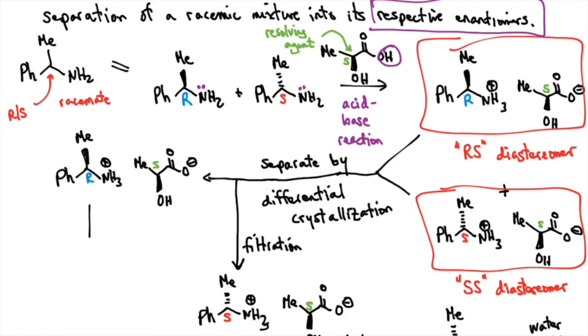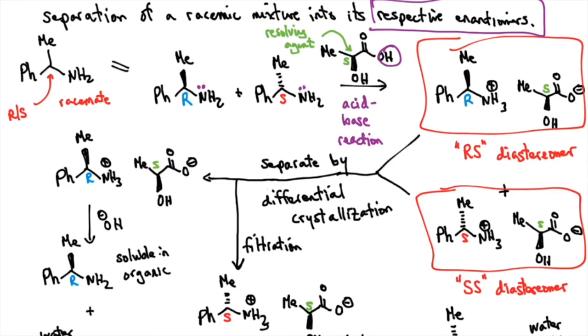Same thing can happen to the other diastereomeric salt. We can take OH again, and we generate then the free amine. But this time that free amine has the R configuration. Again, soluble in organic solvent, plus the water-soluble impurities.